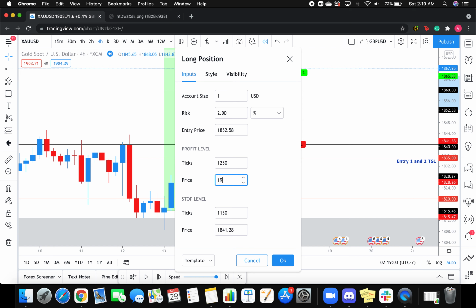Same take profit at 1900 and stop loss being 1850.